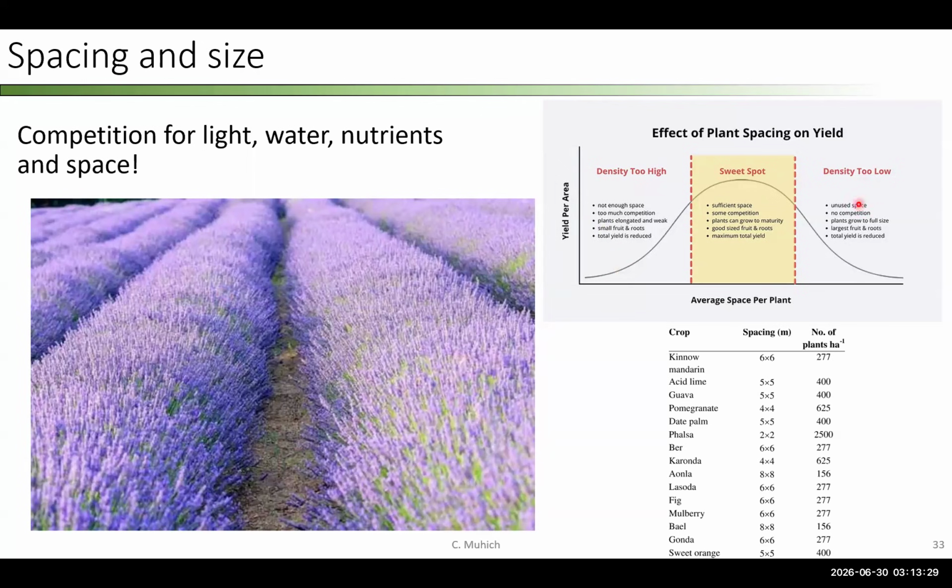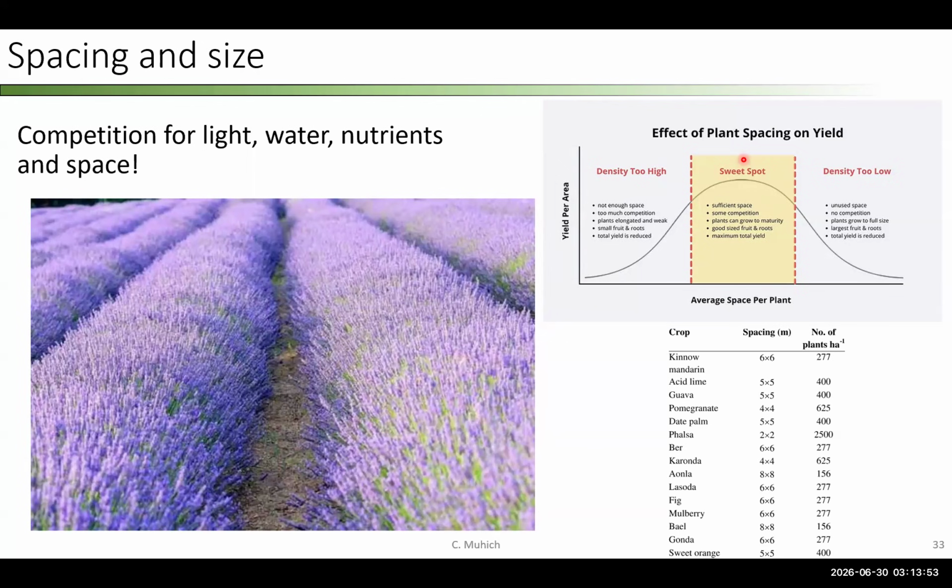If we pack them too loosely, we have unused space. So we generally end up with some sort of sweet spot where the plants are happily sized, and we're maximizing our yield. We're maximizing how much plant we can get from a given acreage.